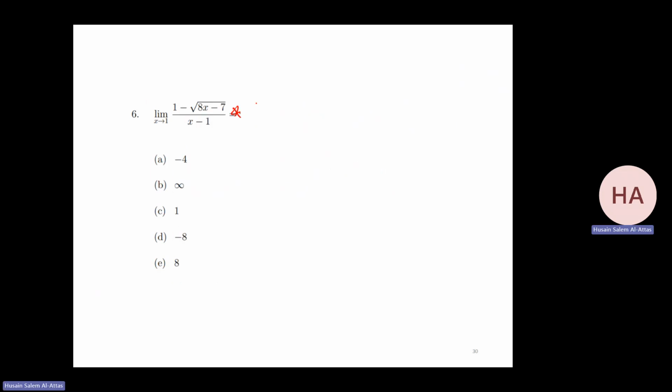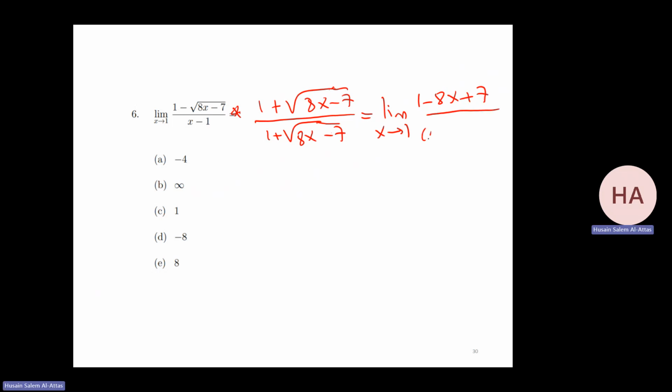Calculation, rationalize the numerator. Almost the same idea. So what you will get, x goes to 1, 1 minus square root of 8x plus 7. Yeah, let me do it quickly. x minus 1 times 1 plus square root of 8x minus 7.